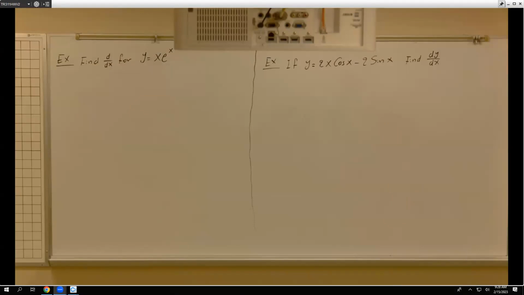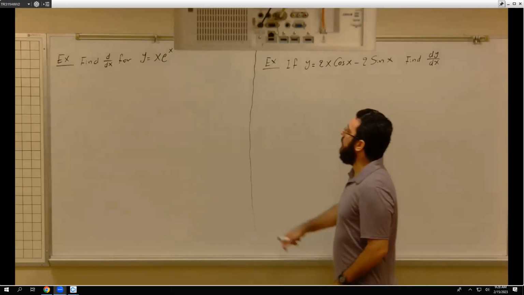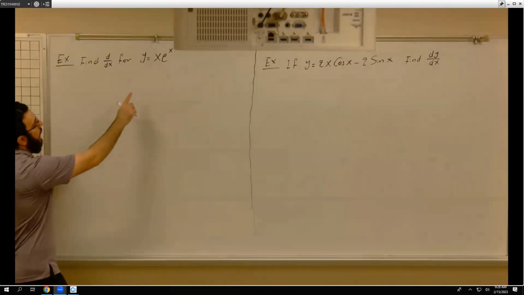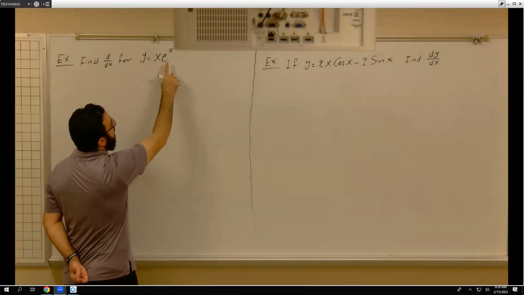The derivative for y equal x e to the power x. Now, this is an exponential function. How are we going to find the derivative? The same thing. It's the product rule because x is a function and e to the x is a function. Now, it's y.